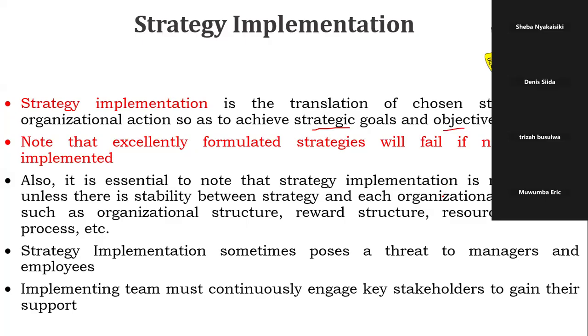It is essential that while you are doing strategic implementation, first of all, you are very realistic about what is achievable and what is not achievable. Two, ensure that you have resource allocation. Resources must be available for you to implement this. Third, you must have a reward structure. Why?